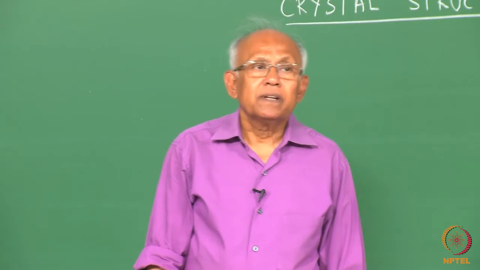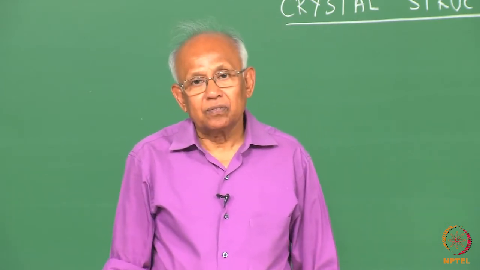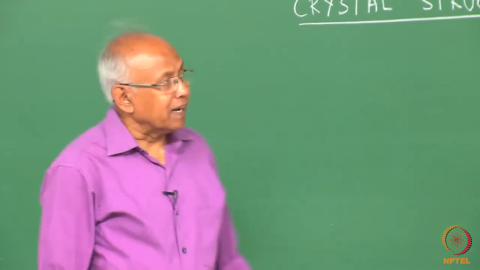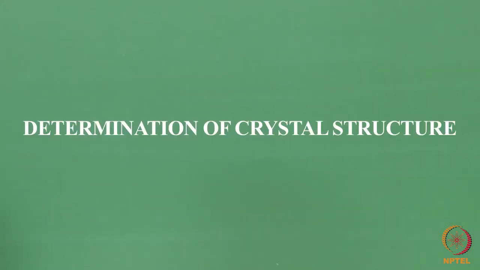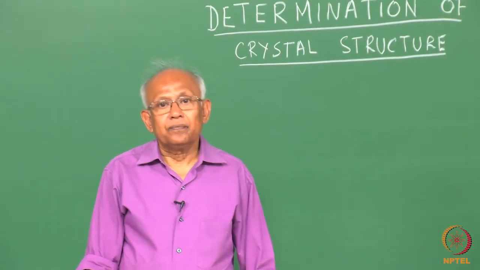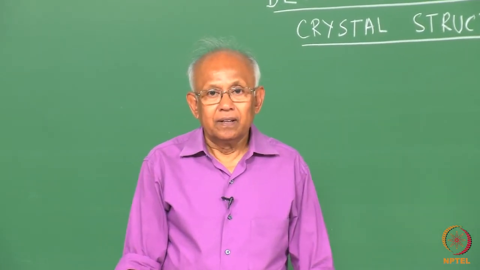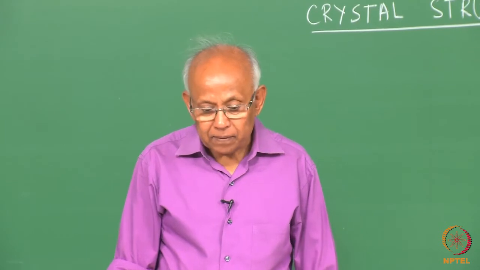Now, one of the most important applications of X-ray diffraction is the determination of crystal structure. For this purpose, what we do is we index a diffraction pattern. So, what is meant by indexing?